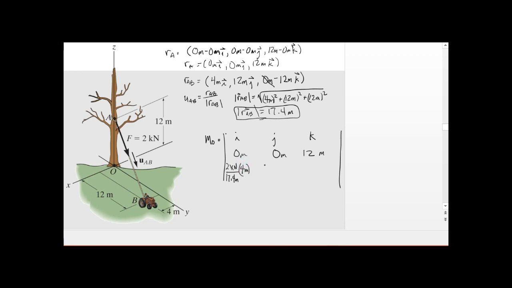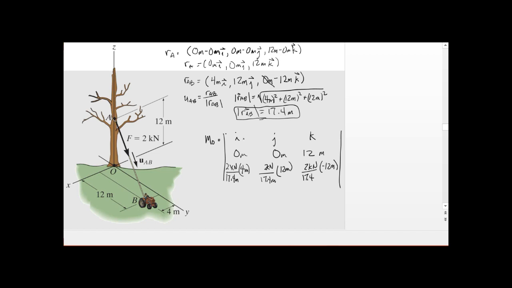Again, 2 kilonewtons here divided by 17.4 meters, and then the components of RAB, so that's 12 meters in the J. And for the K, 2 kilonewtons divided by 17.4, and then the components of RAB in the K direction, so that's minus 12 meters. Okay, and so this is how you can go about calculating these parts.